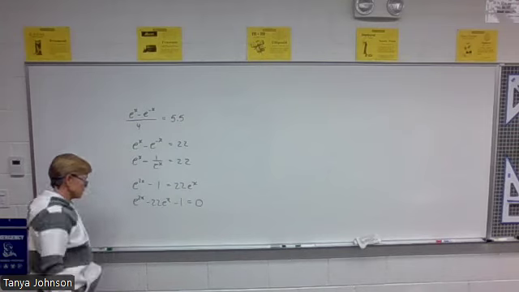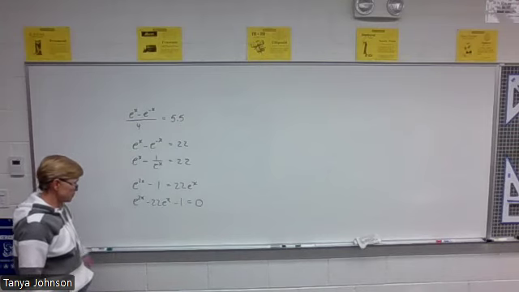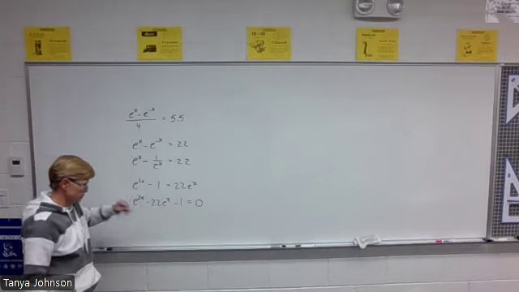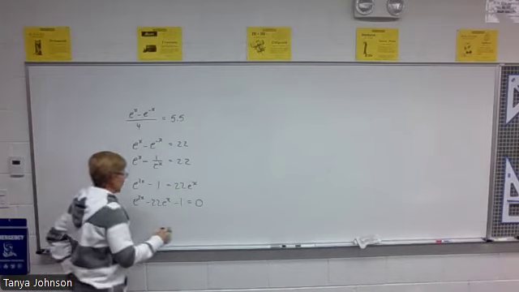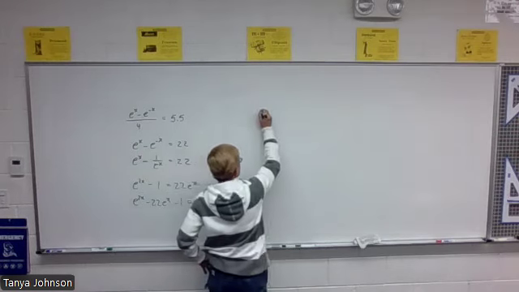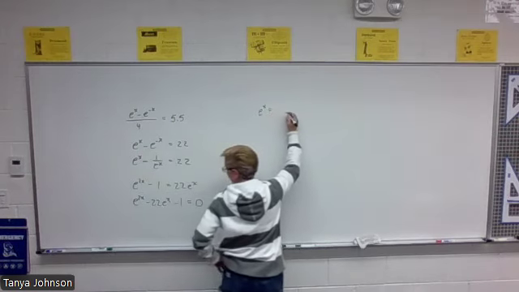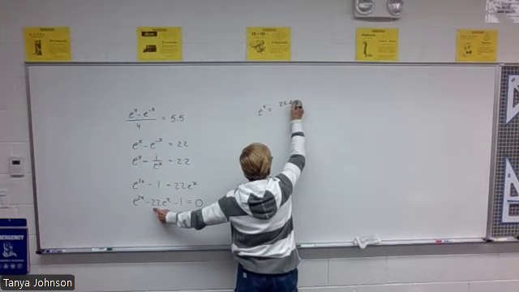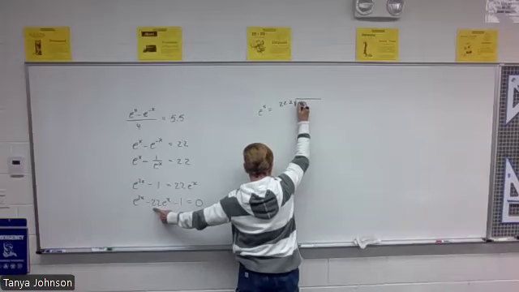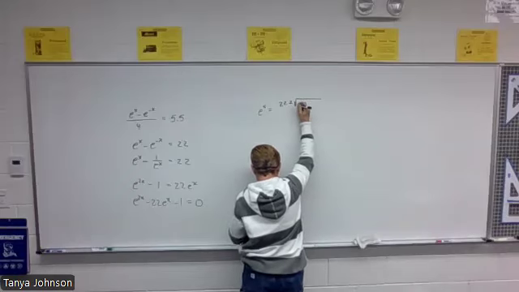And then recognize probably not going to be able to factor that. 1 and 22 is not going to work out. So I recognize I'm going to use the quadratic formula on that, and the quadratic variable is e to the x. It's equal to the opposite of b, 22, plus or minus the square root of 22 squared.